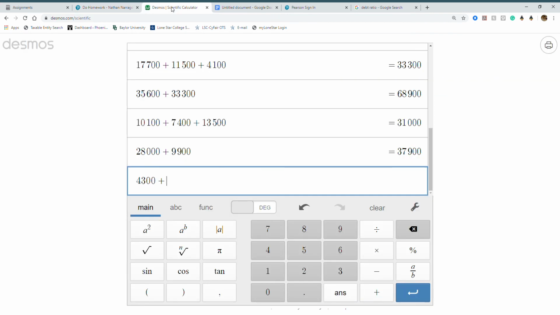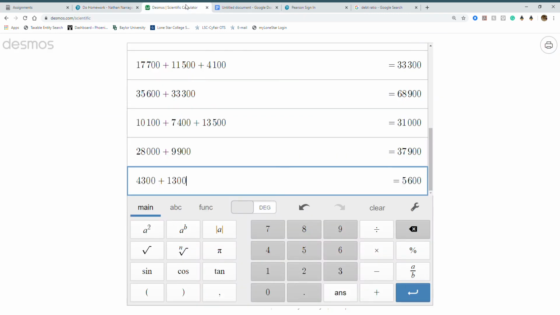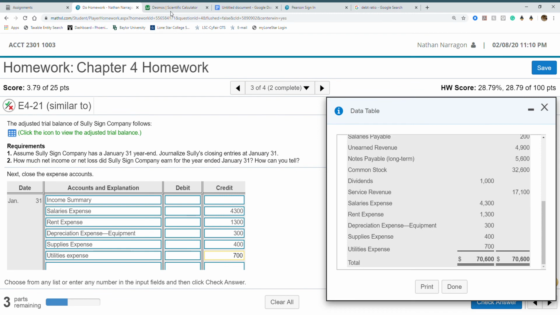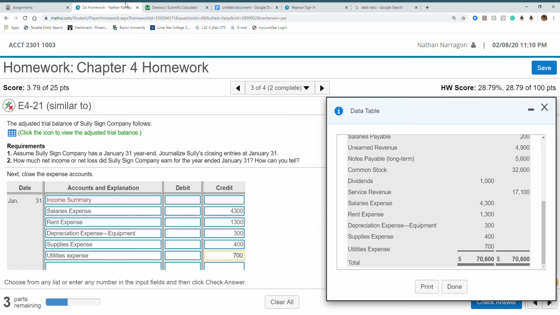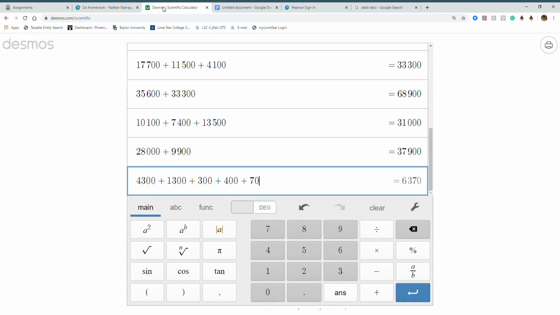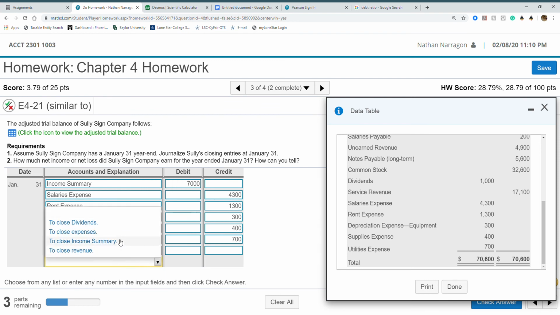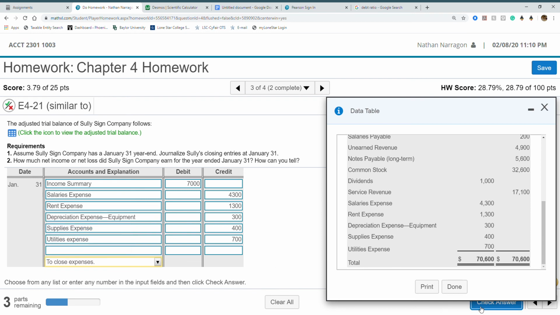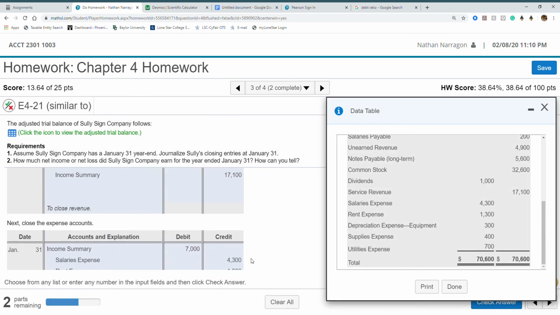So 4,300 plus 1,300 plus 300 plus 400 and 700 ends up being $7,000. That will be our debit. Again, income summary is always the total of all these. And that is going to be to close expense. Check. We are good.